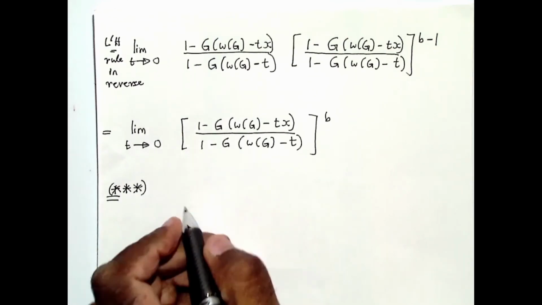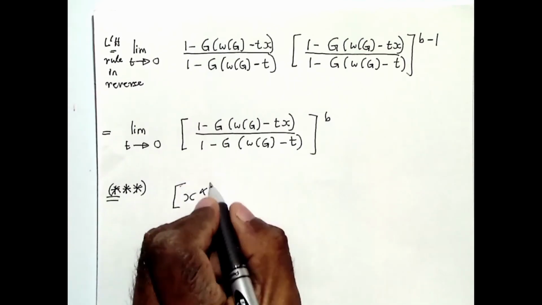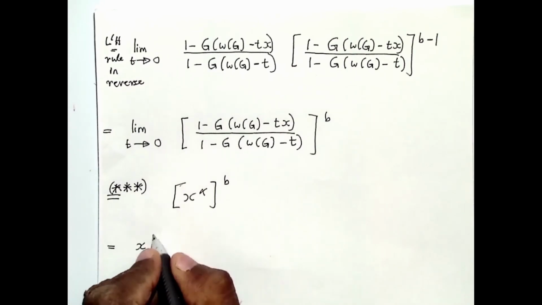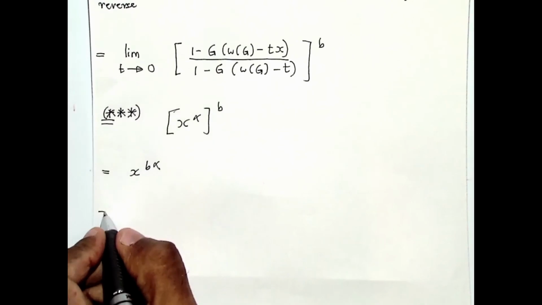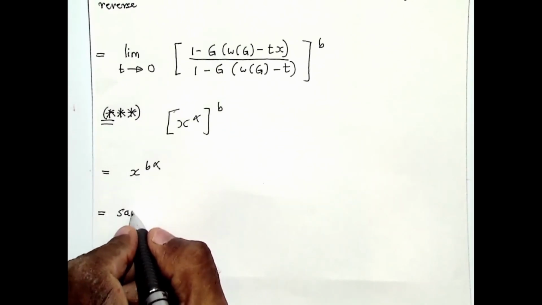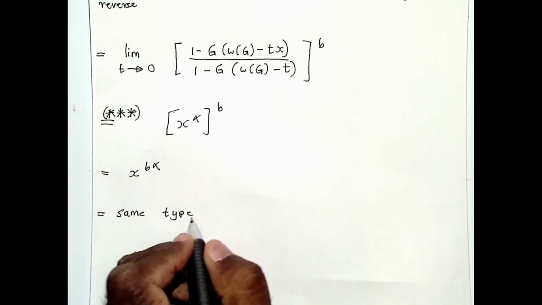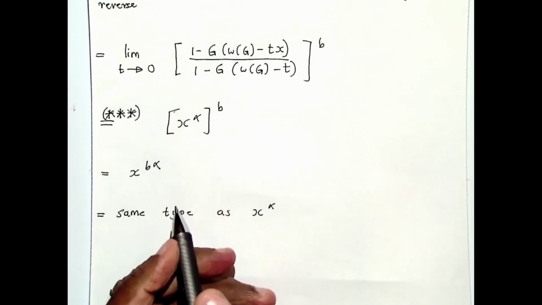The limit of this is x power alpha power b. So this is x power b alpha, which is of the same type as x power alpha, because b is positive.